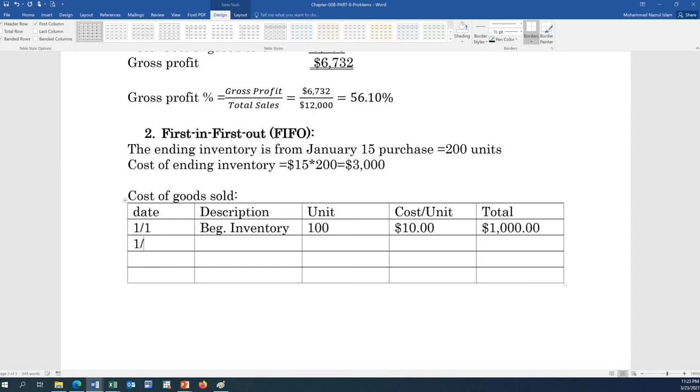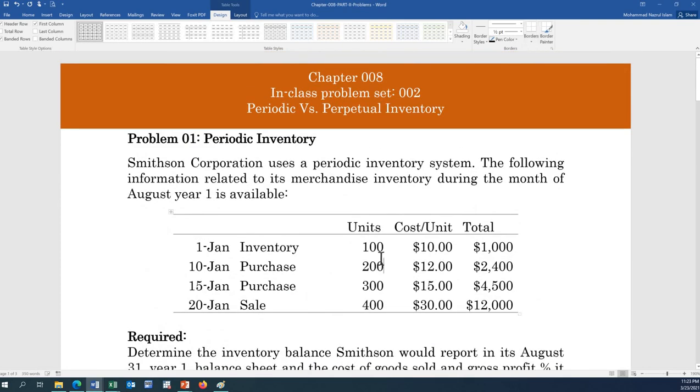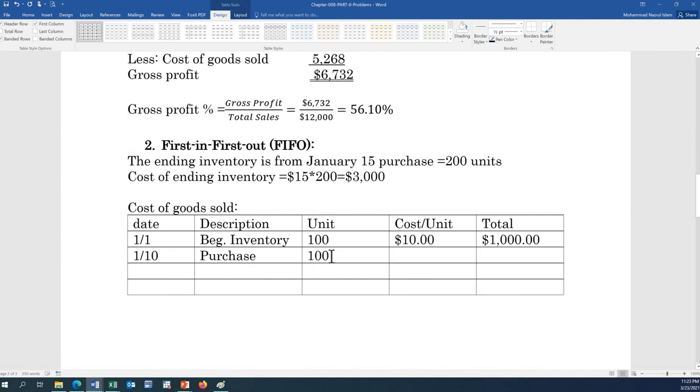We are selling another 200 units from the January 10 purchase, and the cost per unit was $12, so total $2,400.